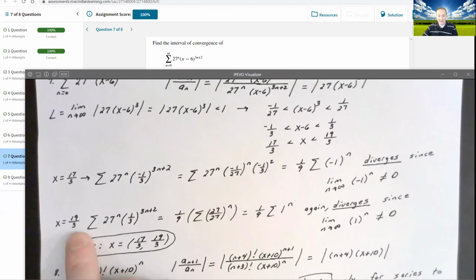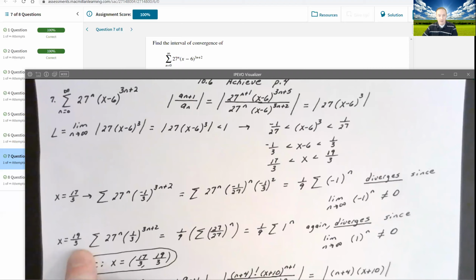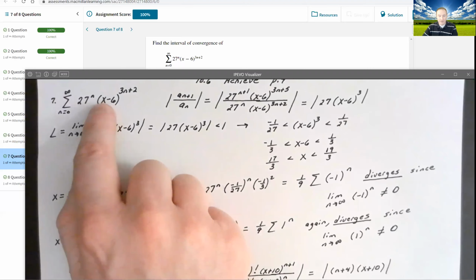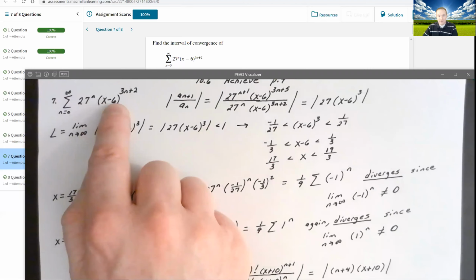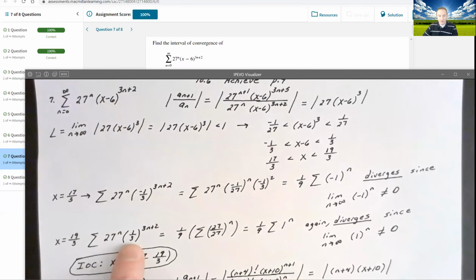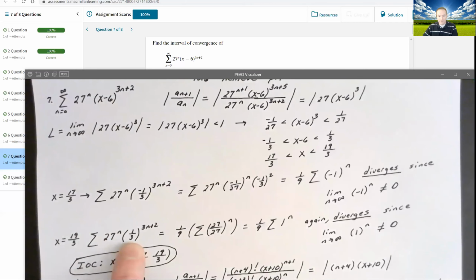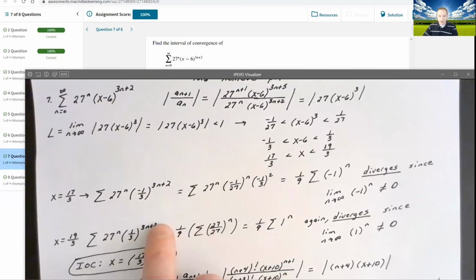Now, when I test 19/3, it's similar. Of course, when I plug in 19/3, you have 19/3 minus 18/3, which gives me a +1/3 to the 3n plus 2 power. I go ahead and break apart the plus 2 as (1/3)^2, bring out the 1/9 in front.